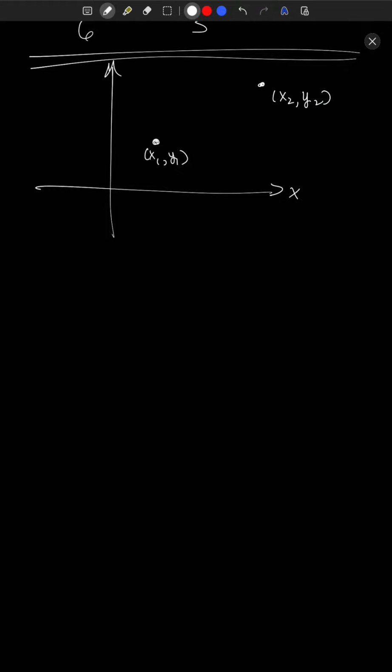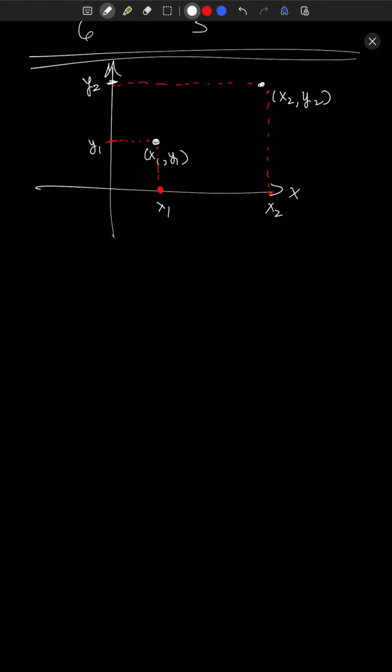The meaning of this is that this location along the x-axis, that position is x1, and this height is y1. In the same way, this position left and right is x2, and that height is y2.